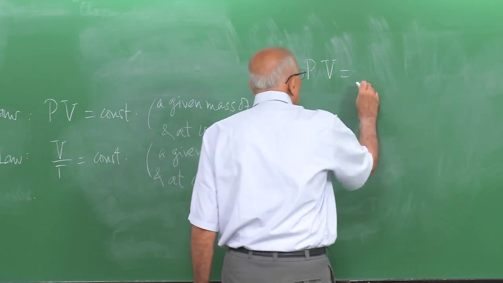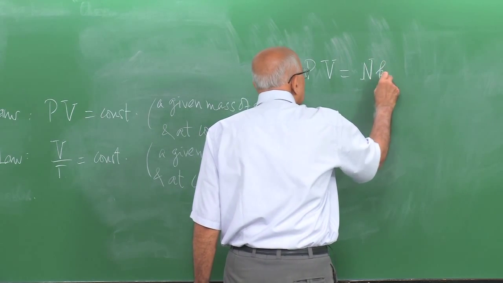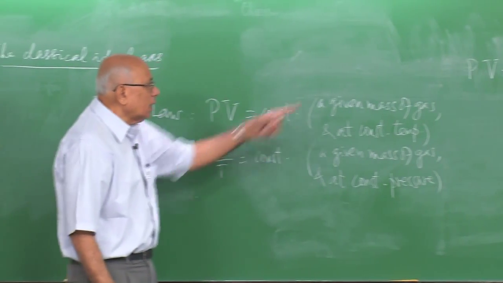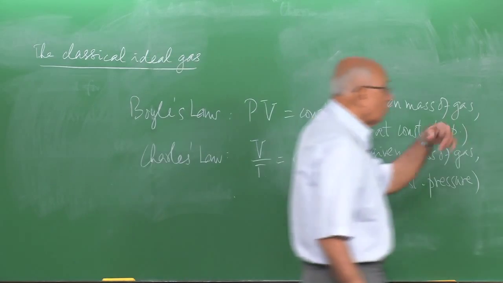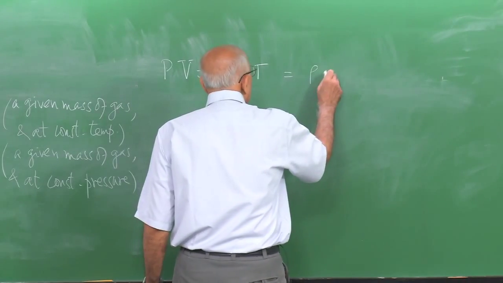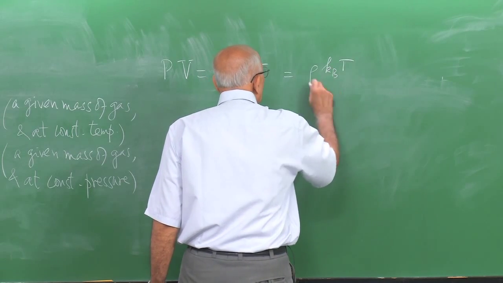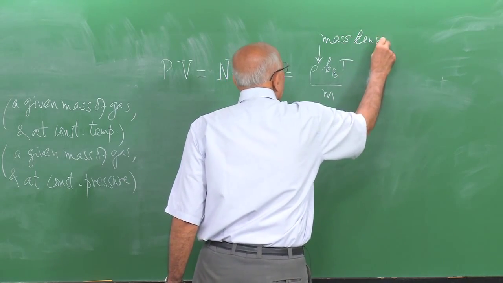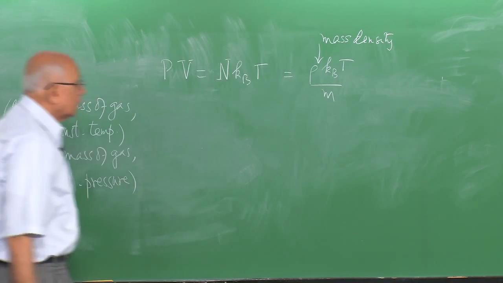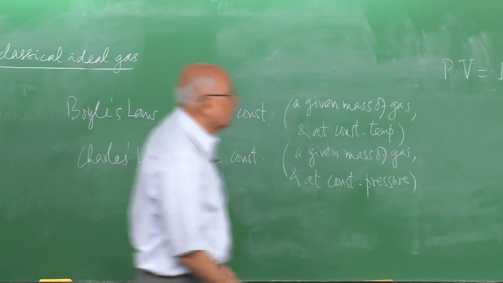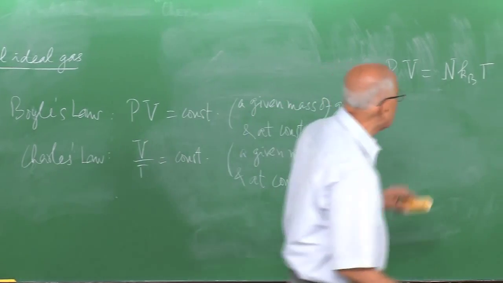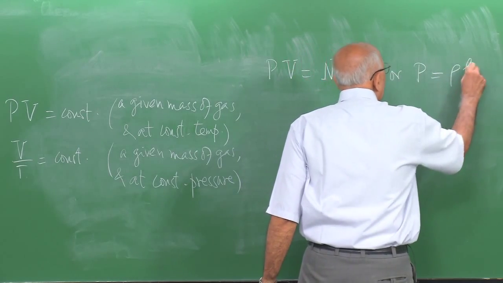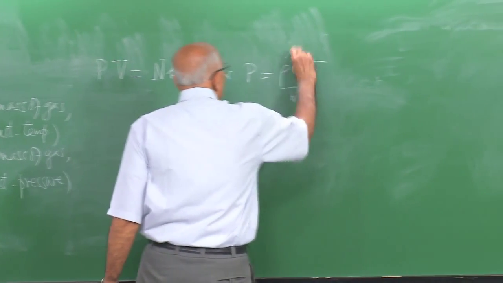Since I want to emphasize the number of particles, I write PV = N k_B T. So together these two laws led to this law here, which, as I have already mentioned, could also be written as P equal to rho k_B T over m, where rho is the mass density.